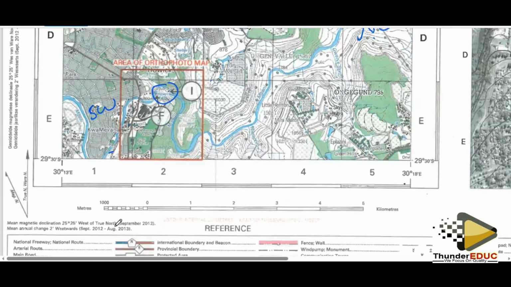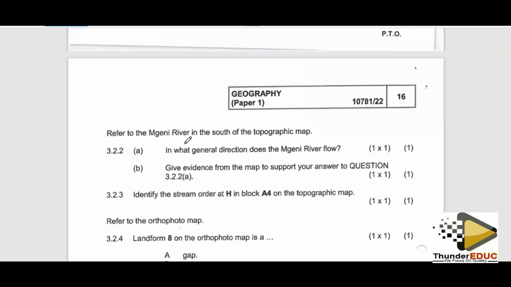So that's why we say that this river is flowing to the southwest direction. Write it down here: southwest direction.